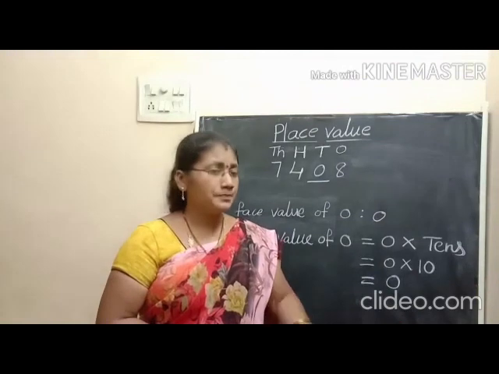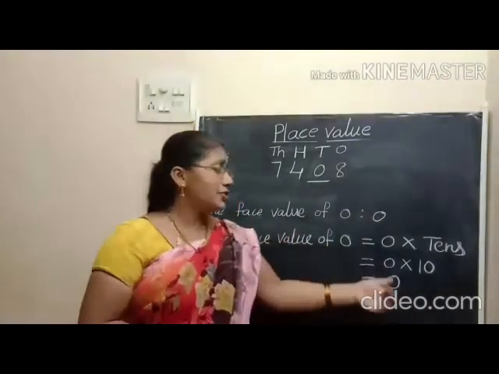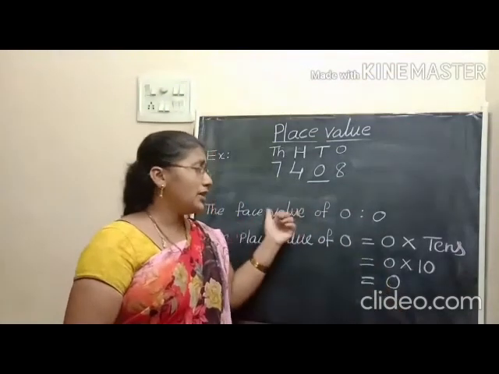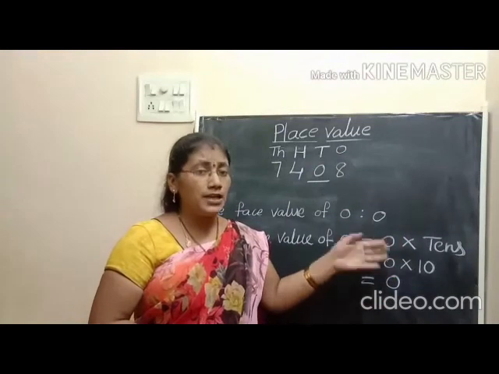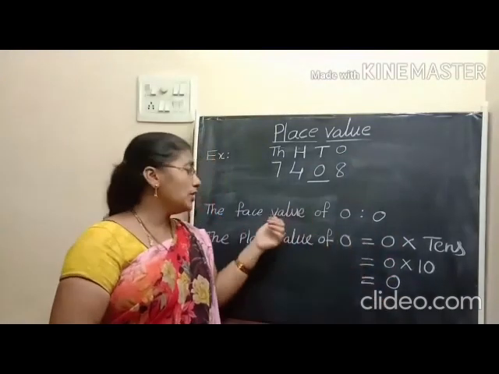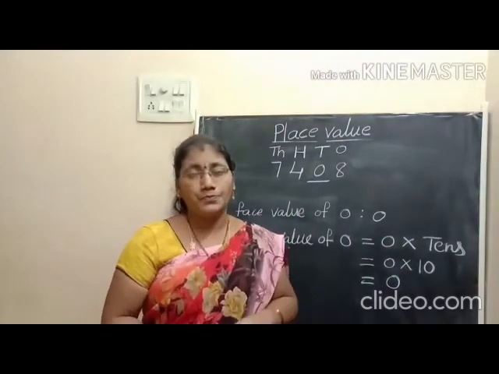Understood, children? The place value of 0 is 0 and the face value of 0 is also 0. Whatever the place, there is no change in both face value and place value of 0.